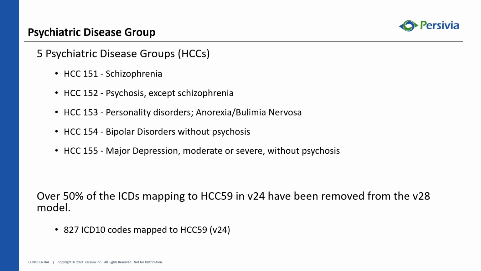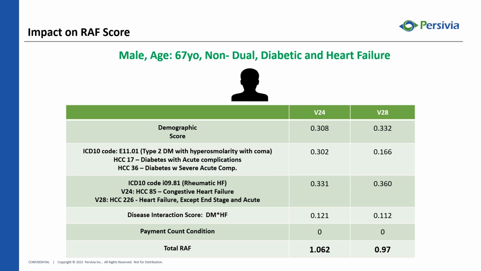Okay, turning to the next slide, where I will demonstrate an in-depth example of HCCs and the corresponding RAFs changing between the 2 models. Here we have a male patient, age 67 years, non-dual, with diabetes and heart failure.